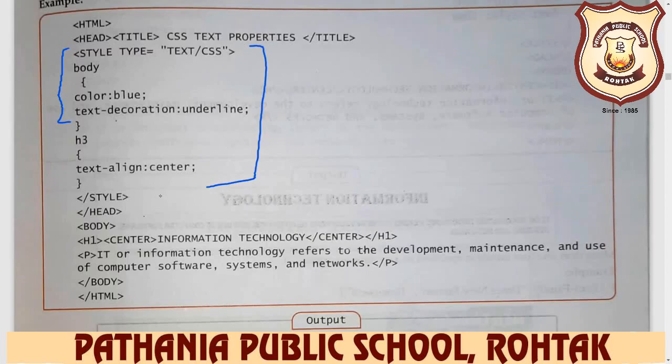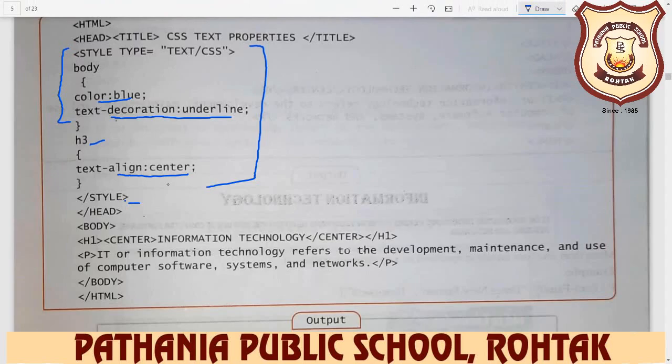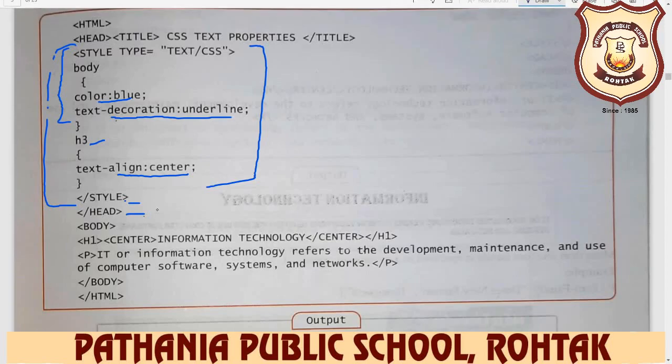So you write style type equal to text/css, and then in the body part you declare color blue, text-decoration underline, and we want heading 3 in the center. Then you close the style, and here your CSS is completed. Then close the head tag and use the normal text of the HTML.